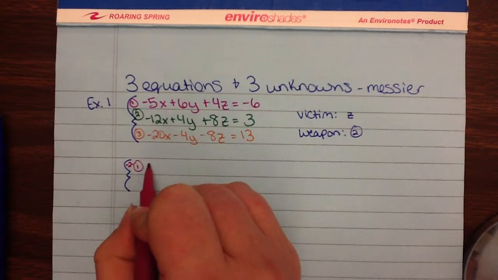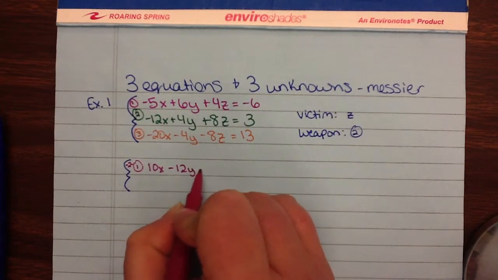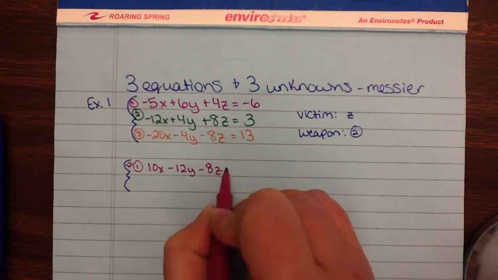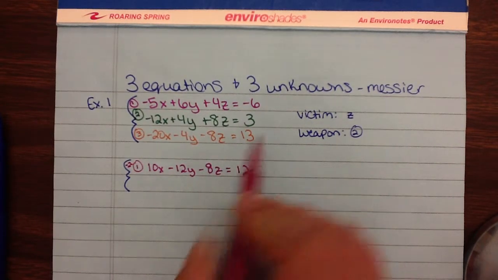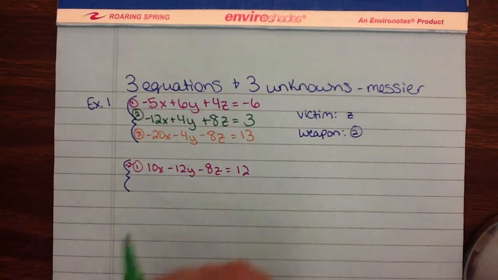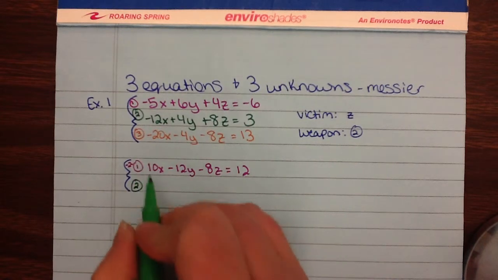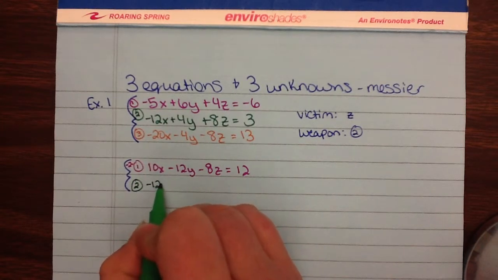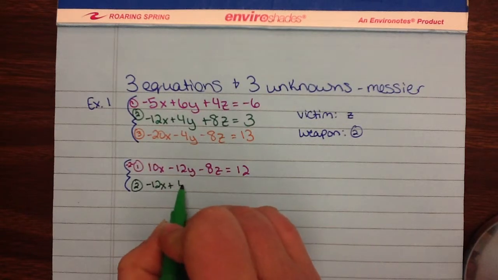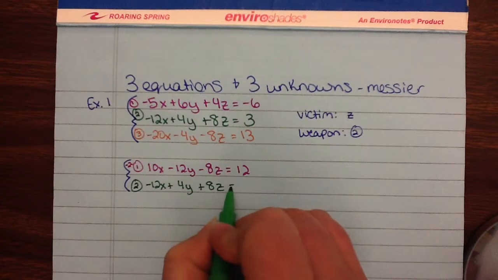That gives me 10x minus 12y minus 8z, and it's going to equal a positive 12. Notice all my positives changed to negatives, and all my negatives changed to positives because I multiplied by a negative. I'm also going to use equation 2, but this one I'm not going to multiply by anything because I already set up equation 1 to cancel out this positive 8z.